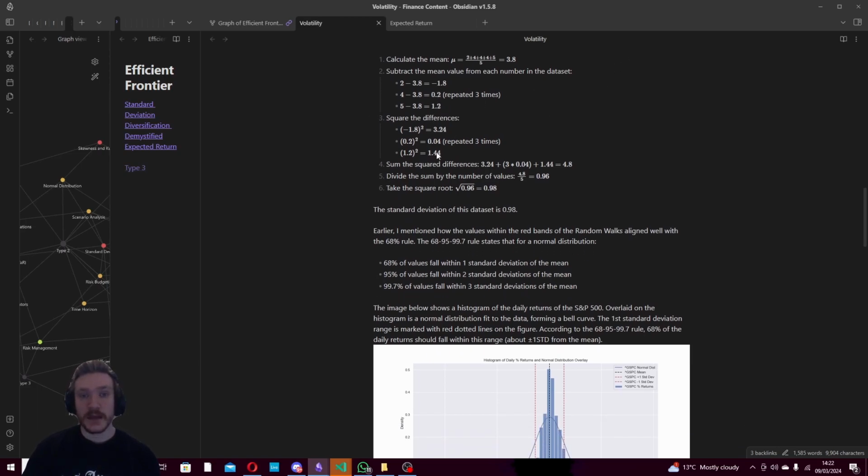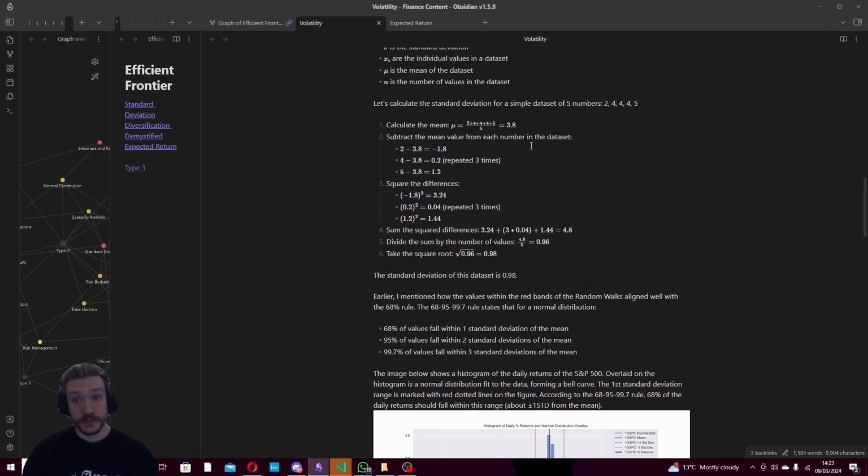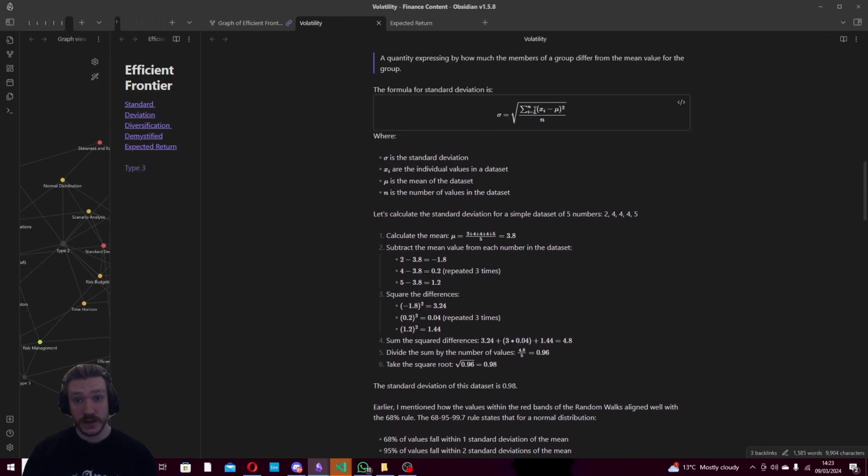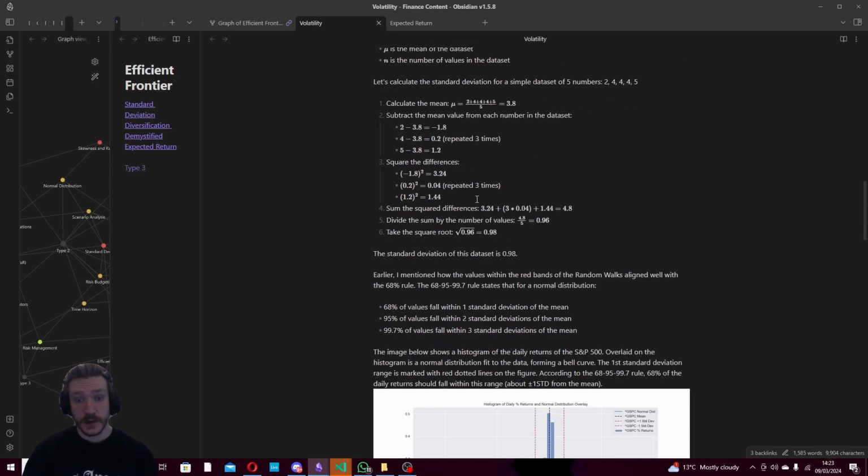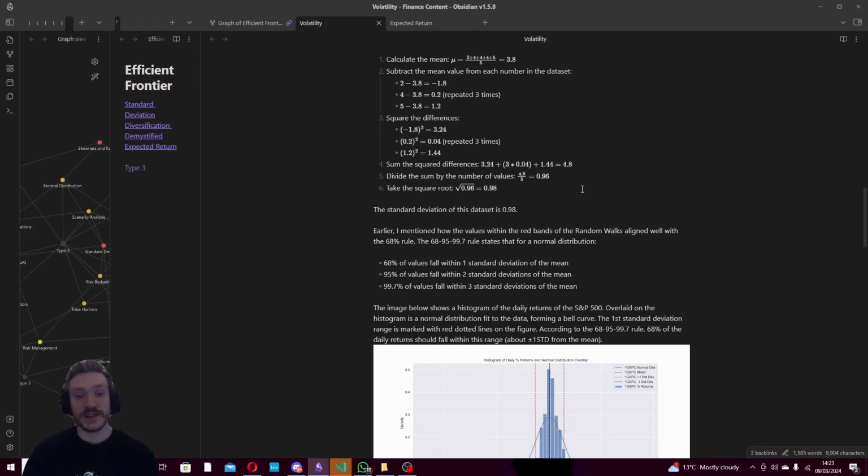We square those here, we add all of those up, that's this bit here, the sum of the differences squared. We add all of these up, get 4.8, divide by the number 0.96, take the square root, 0.98, that's our standard deviation of this data set.